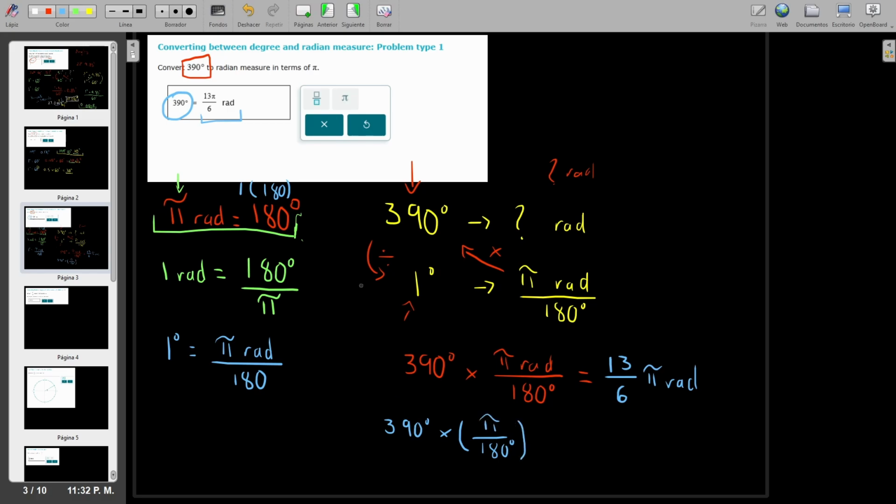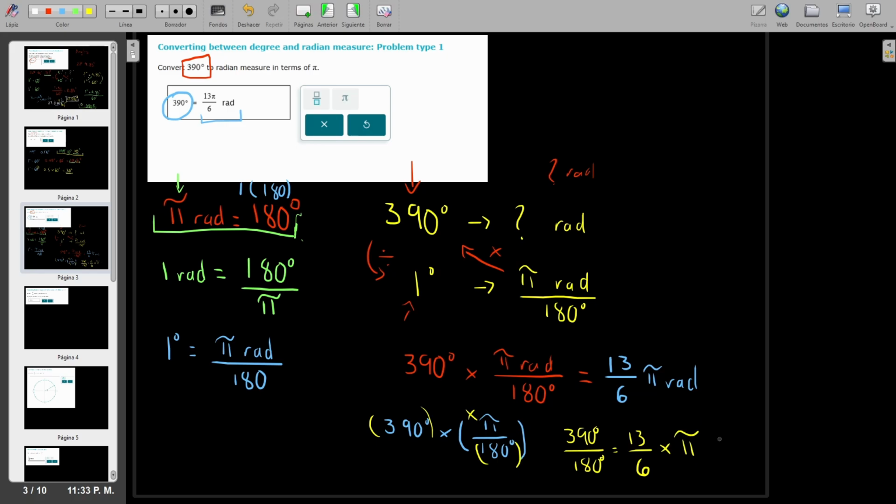And we can do this division first: 390 is going to be divided by 180, and then multiplied times the value of pi. 390 degrees over 180 degrees is going to be 13 over 6, and then we multiply that times pi.